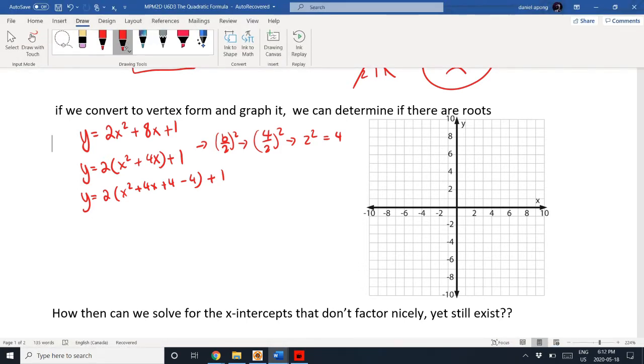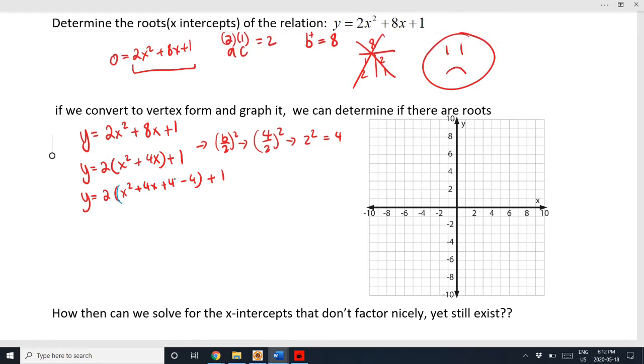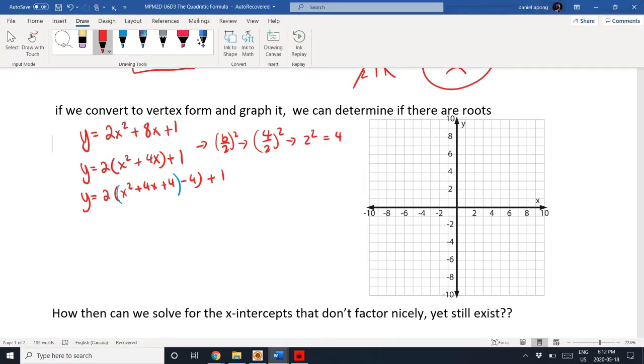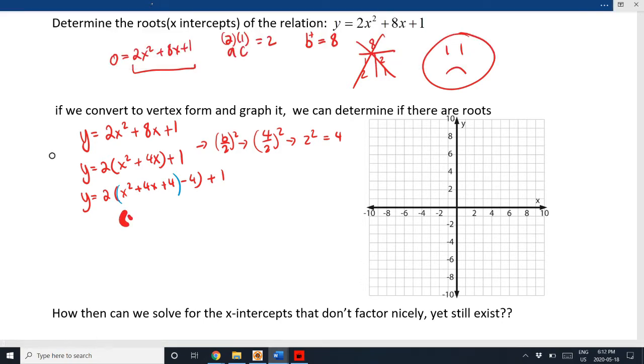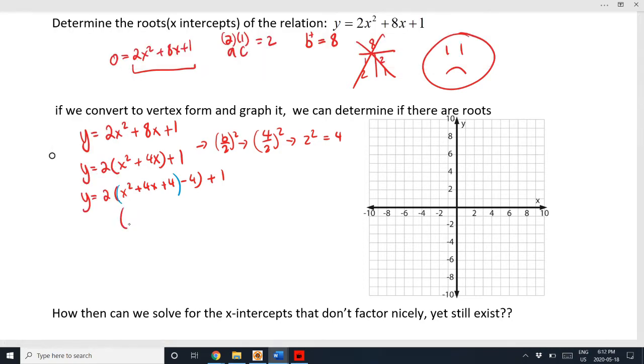The first 3 terms here factor into a perfect square, so let's go ahead and do that. We know x squared plus 4x plus 4 is just going to be x plus 2 squared.